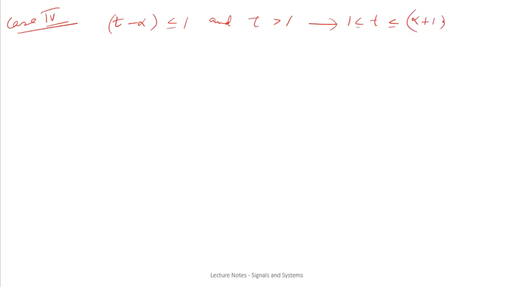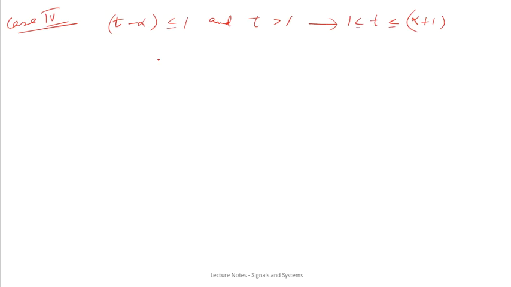Similarly, you move to the next case, that is t minus alpha is less than 1 and t is greater than 1, which can be simplified to this one.